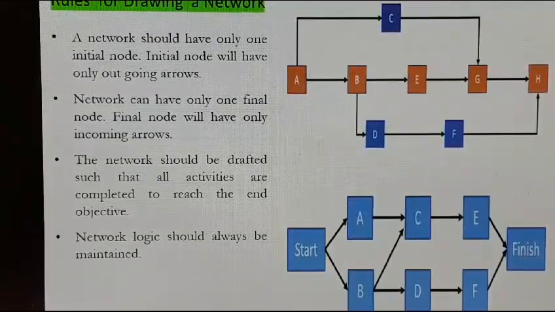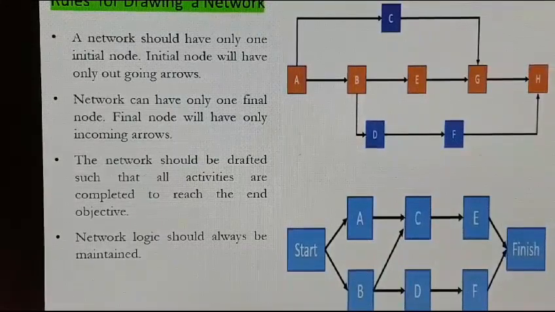Similarly, the last point, network logic should always be maintained. That means, for activity C, A is the preceding activity as well as B is also the preceding activity. You should not leave B and then show only A. In that case also there may be some mistakes and you will not be able to find the correct or exact completion time of the project.